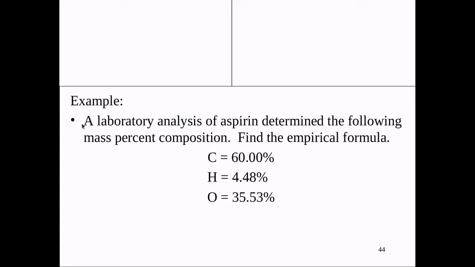In this problem, a laboratory analysis of aspirin determined the following mass percent compositions. Find the empirical formula. So basically this is telling us that if we have aspirin, 60% of it is carbon, 4.48% of it is hydrogen, and 35.53% of it is oxygen.